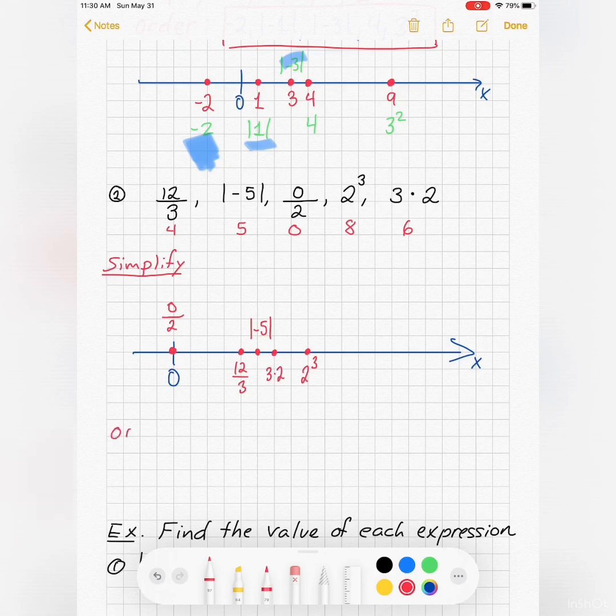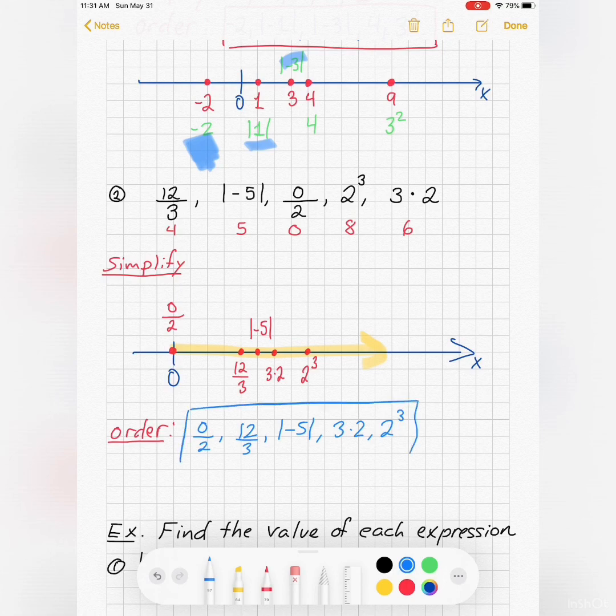Okay, and then to write these out in order, starting from the left side and moving right. Farthest left I have 0, 0 over 2, then 4, 12 over 3, then 5, which was absolute value of -5, then 6, which was 3 times 2, and then 8, which was 2 cubed.